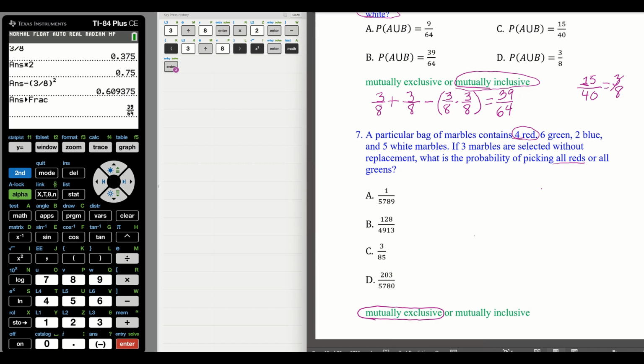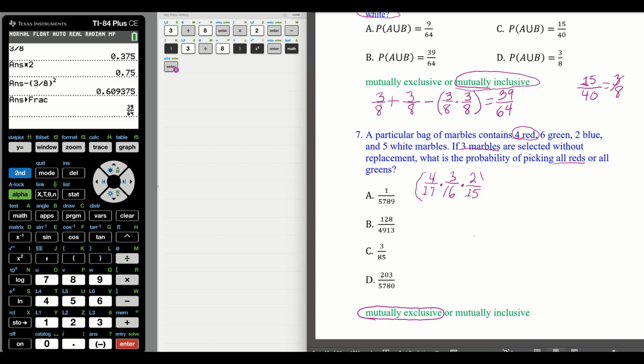And in our bag of marbles, looks like we have 17. So we know that we're selecting 3 marbles and we're not replacing. So that means we'll have 4 out of 17 times 3 out of 16 times 2 out of 15.